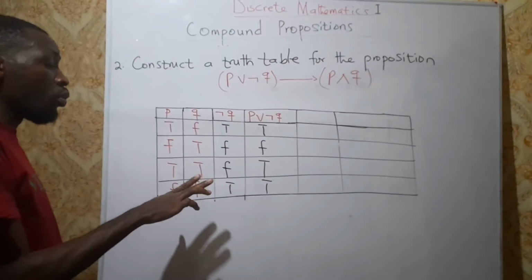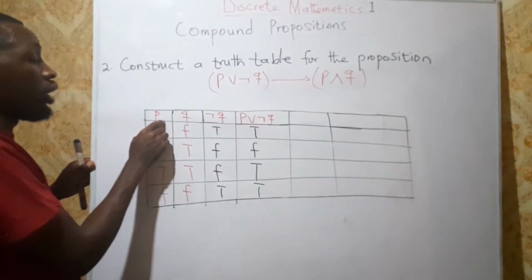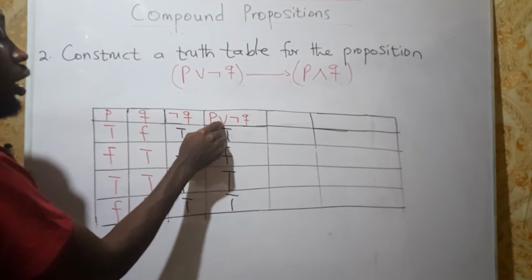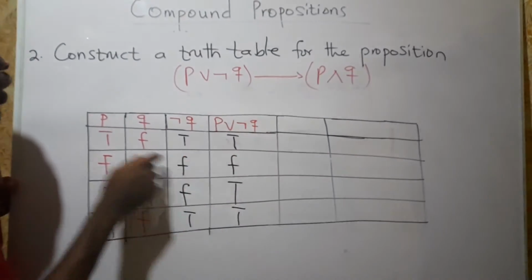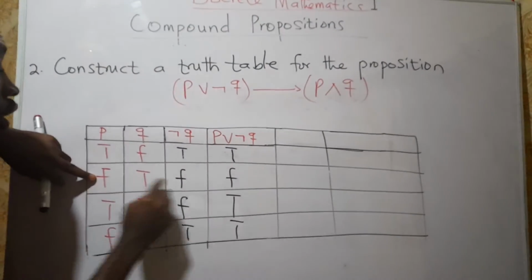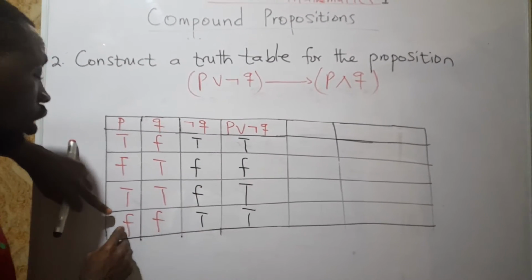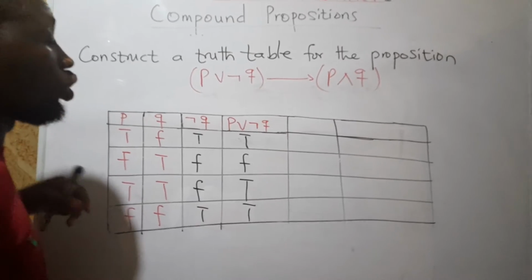So it becomes false when both statements are false. So P, then the disjunction, negative Q. So remember, when this is true and this is true, it will be true. This is false, it will be false. This is true, this is false, it's still true. This is false, this is true, it's still true.